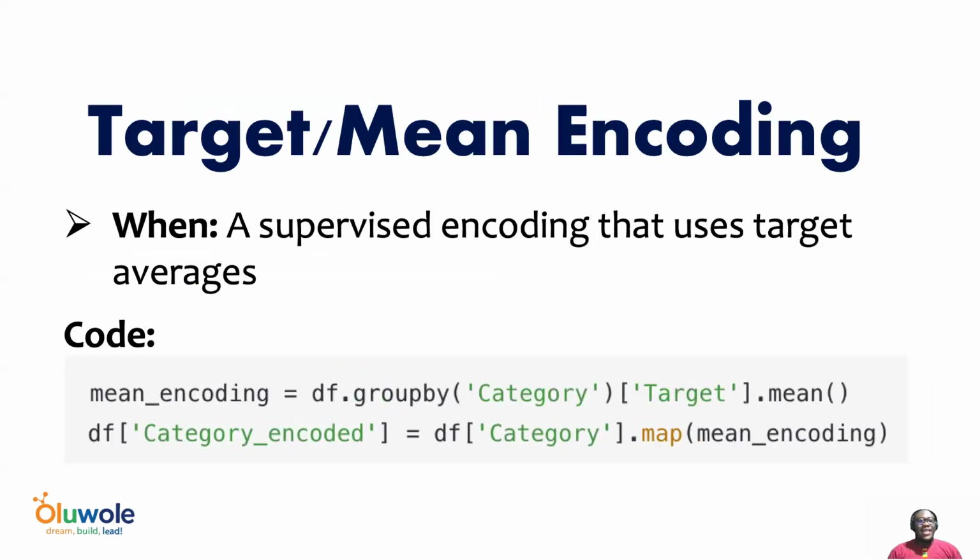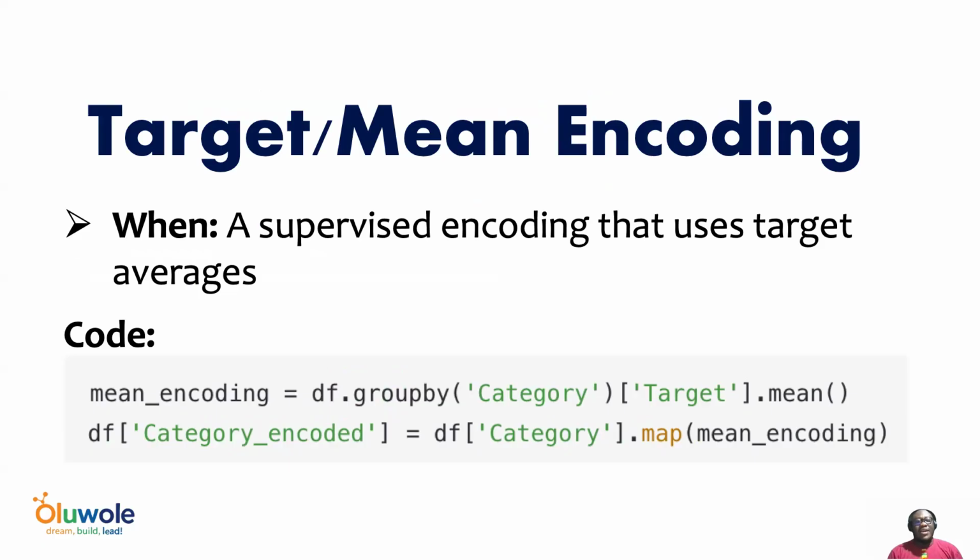Then you have what you call the target mean encoding. It's a supervised encoding that uses target averages. You can use a category and the mean of those categories to tag some categories. This rarely happens, sir. This is really for sales people. For those of us that will be working on sales data, you might need to encode some categories.